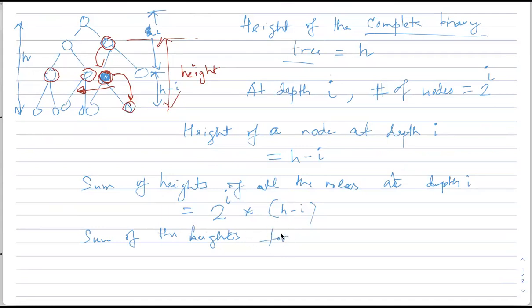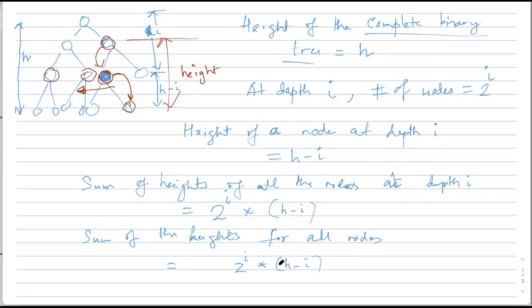Okay. So now, therefore, the sum of the heights for all the nodes. So not just at that depth, for all the nodes. How are we going to find out? We take 2 to the power I times H minus I, and we now have to sum over all the nodes, right?